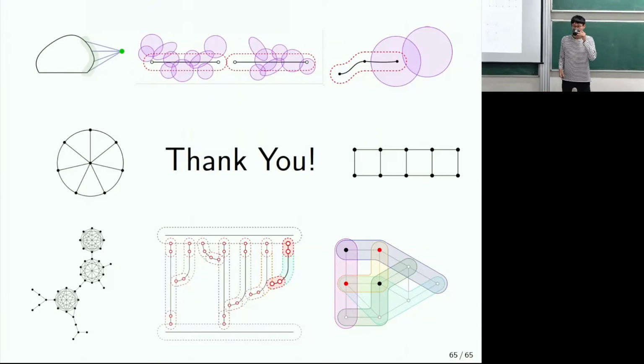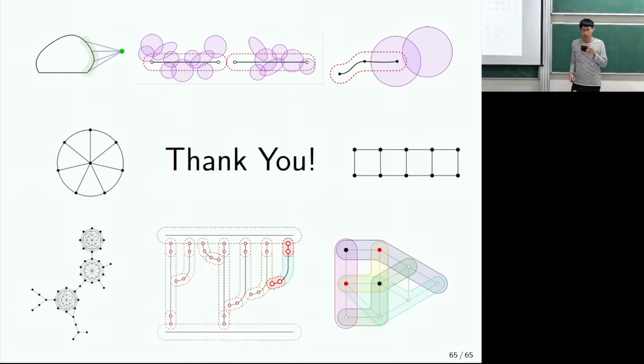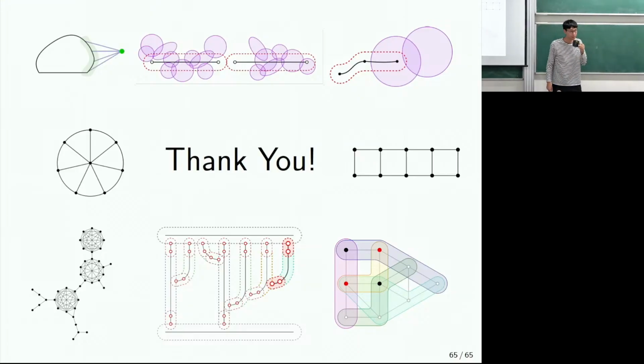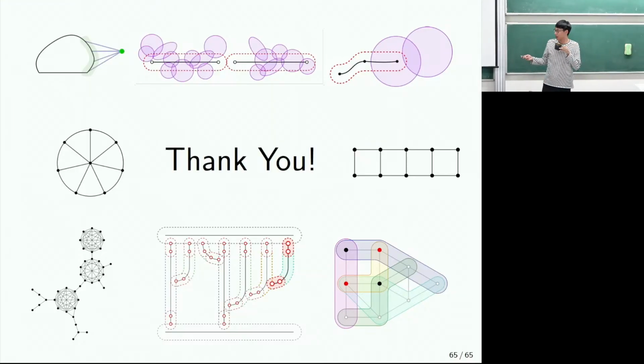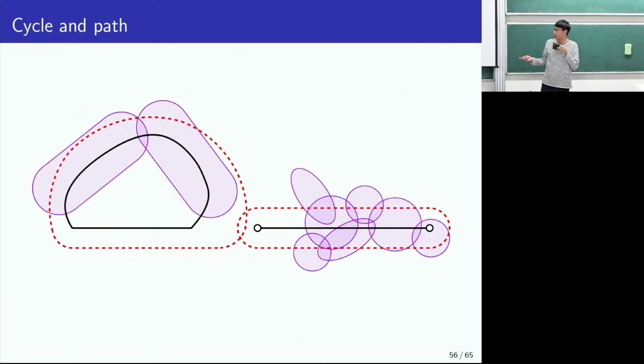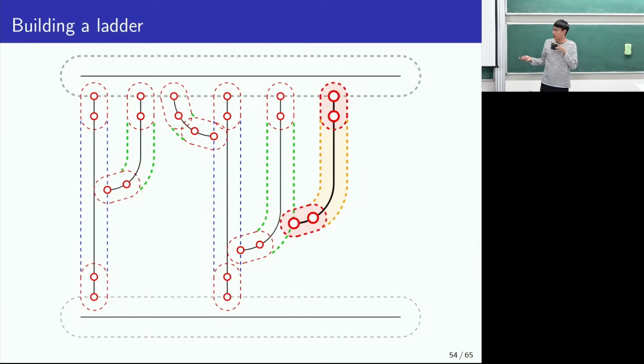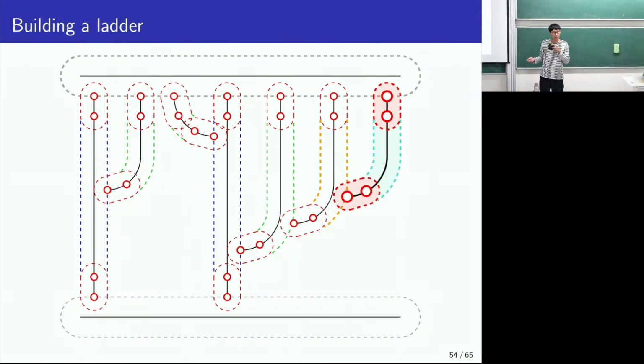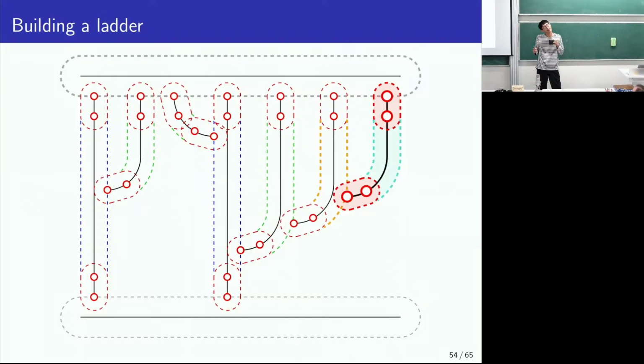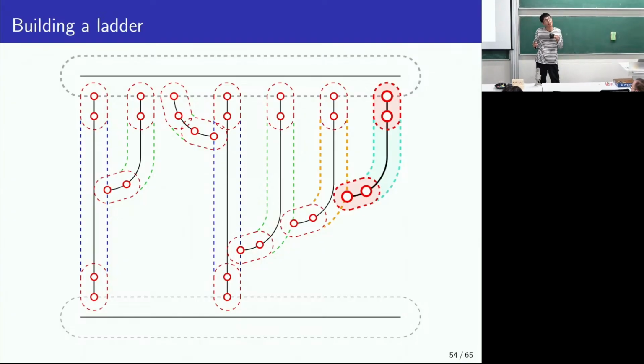Alright, any questions? In your main theorem, is it also possible to really find such an induced minor efficiently? Yes. Well, efficiently, no. I will explain why.